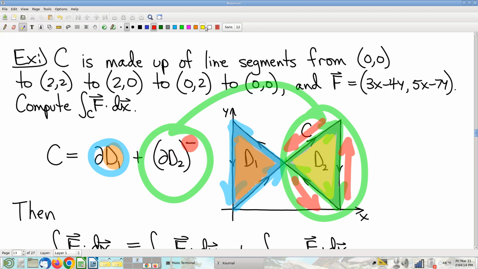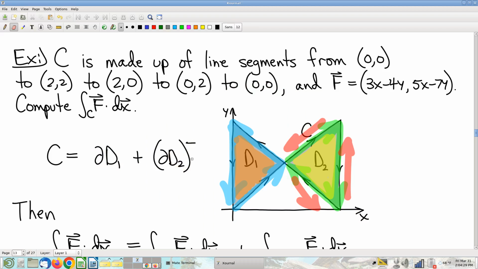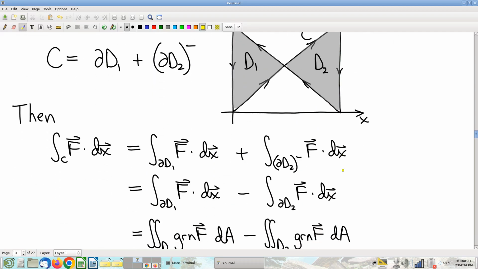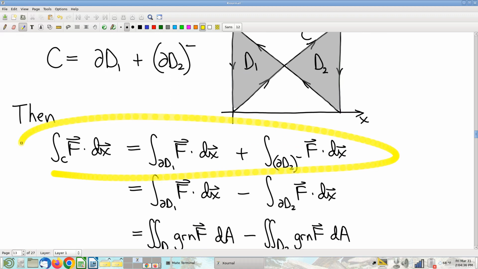This is the boundary of this yellow region D2. Is everybody with me? Okay. All right. So, cool. We have written our curve in terms of boundaries, and we're in business. This is just a recognition that the curve is the boundaries as stated up here.